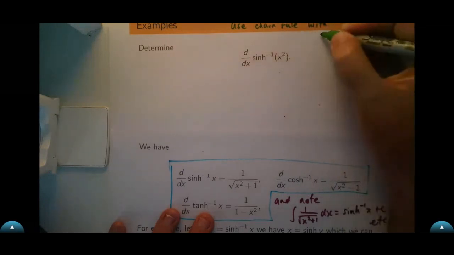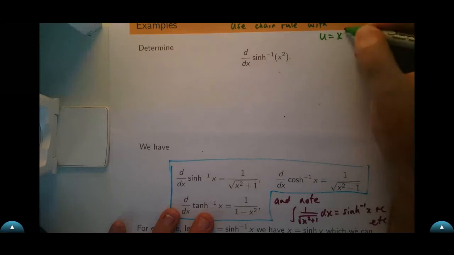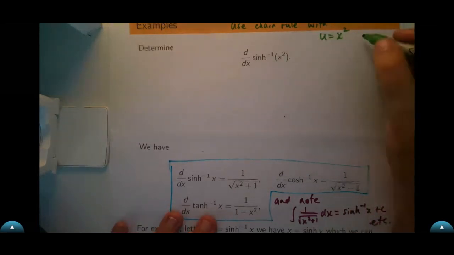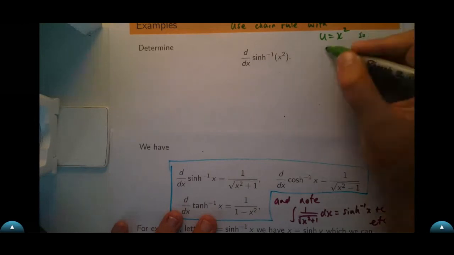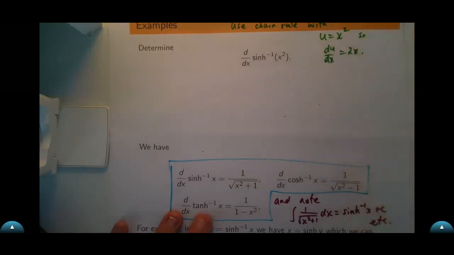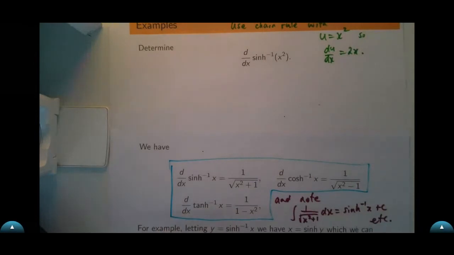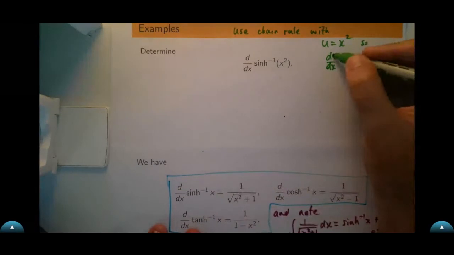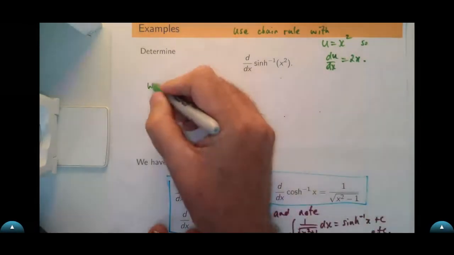and make the substitution u equal x squared. Okay, so if u equals x squared, du dx will be 2x. Okay, all right, so this is a u there.